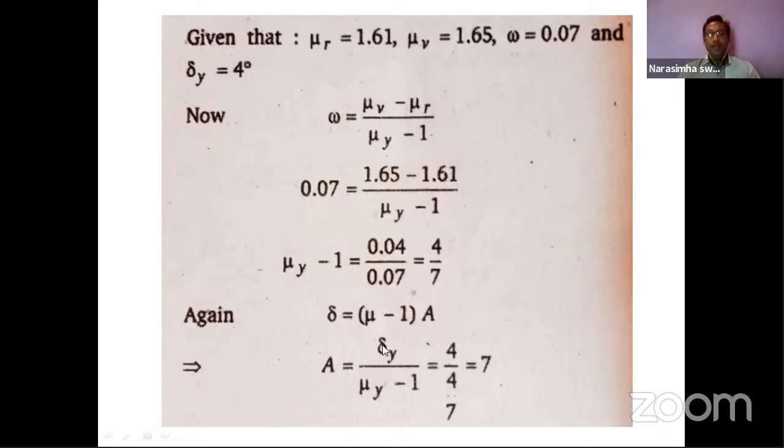Substitute the values here: delta y is given in the problem as 4 degrees, and this value we got is 4 by 7. So 4 divided by 4 by 7, we are getting 7 degrees. This is the angle of prism.